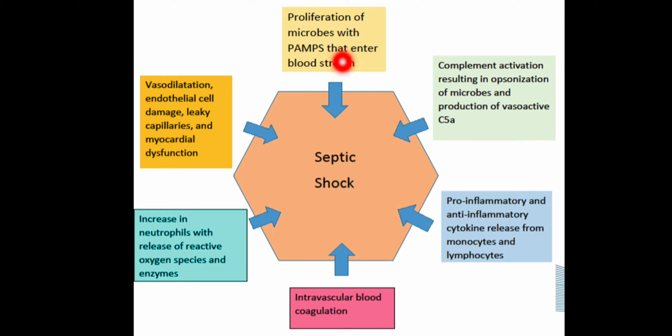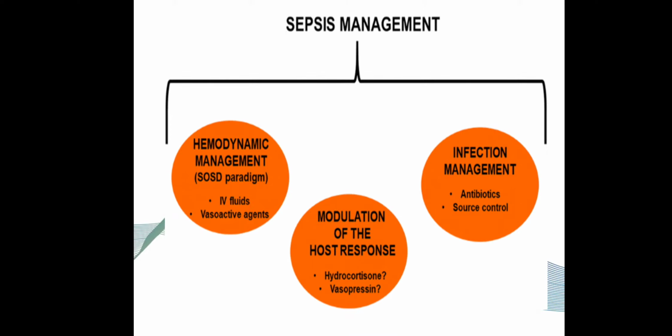So basically, it is the toxins released by these organisms which lead to all this series of events, ultimately loss of fluid from the blood vessels and leading to shock. Now what is the management funda of sepsis?